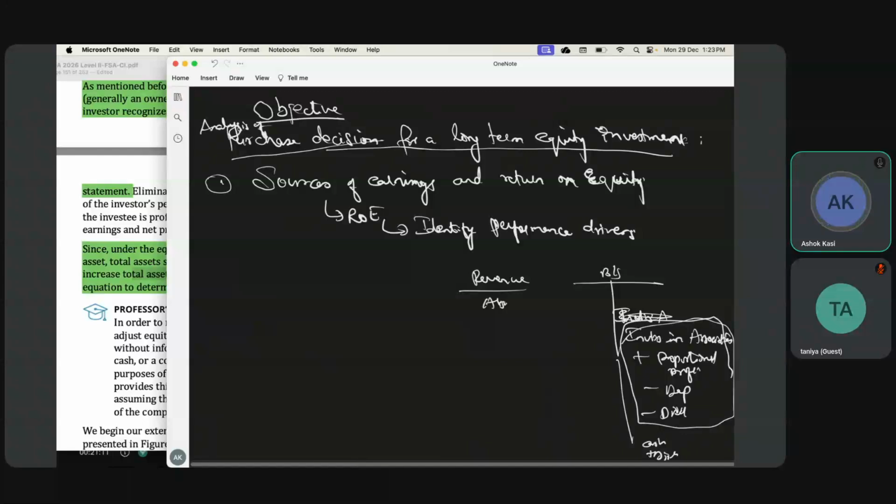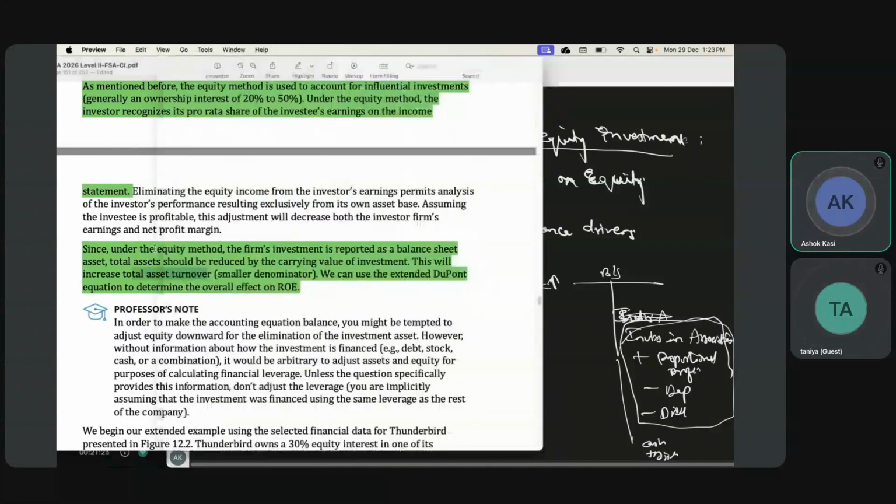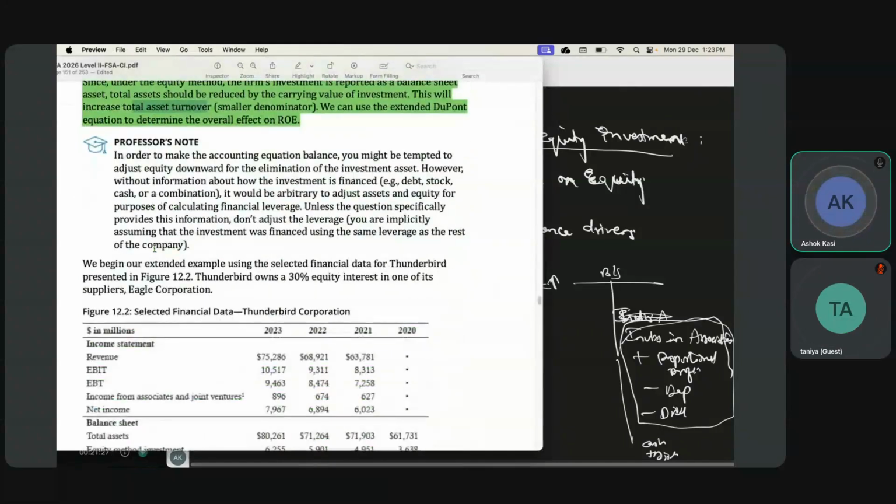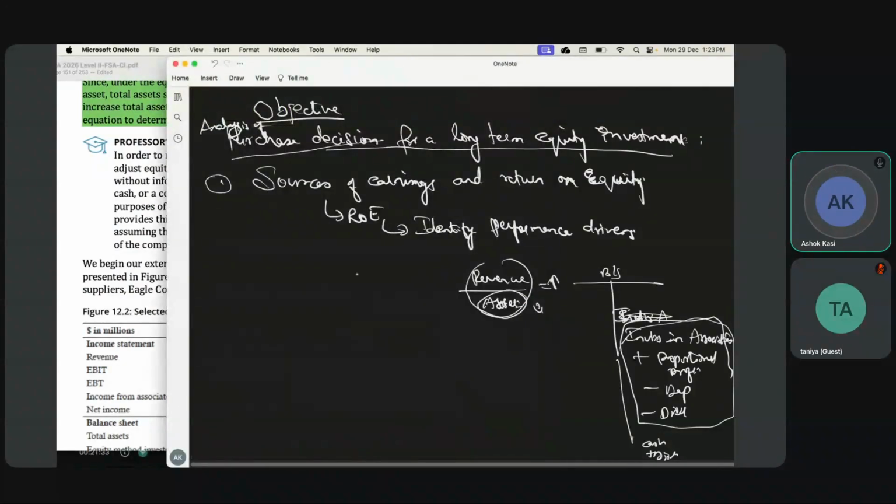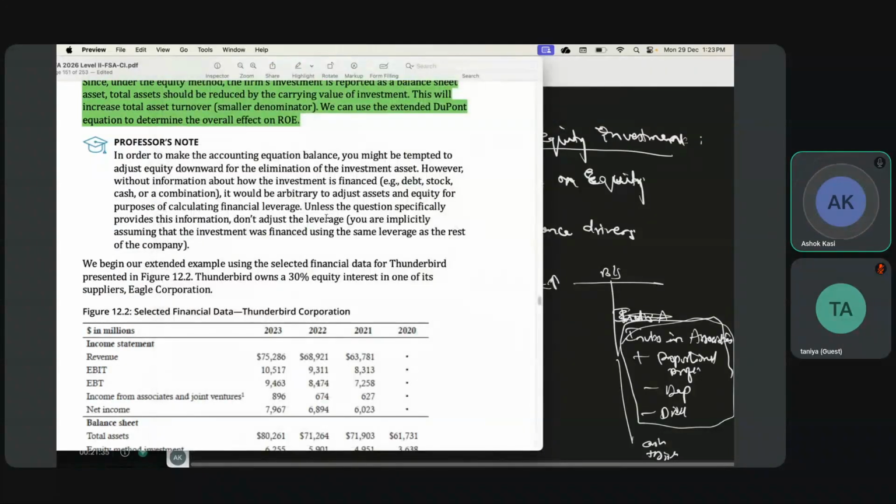So now assets will come down, and when assets go down, overall asset turnover will go up. So this is one example they are giving you of what sort of adjustments we will have to do.